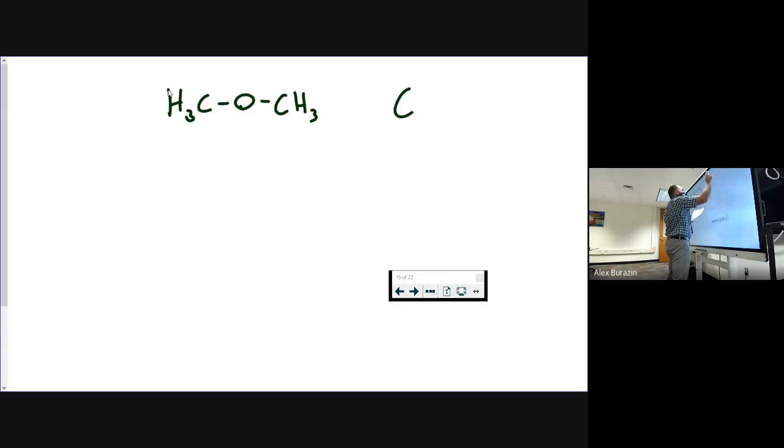Dimethyl ether, which has a formation of that, or ethanol, which has a formation of that. So we're trying to dissolve both these things in water, and the question is which is more soluble? In other words, which of these mixes better with water?